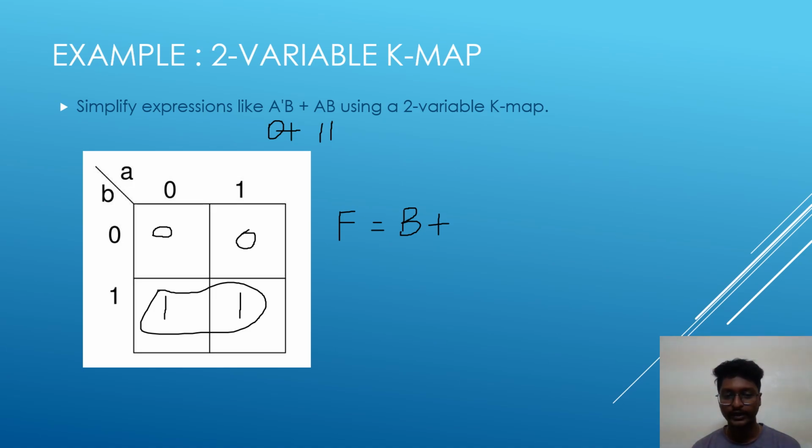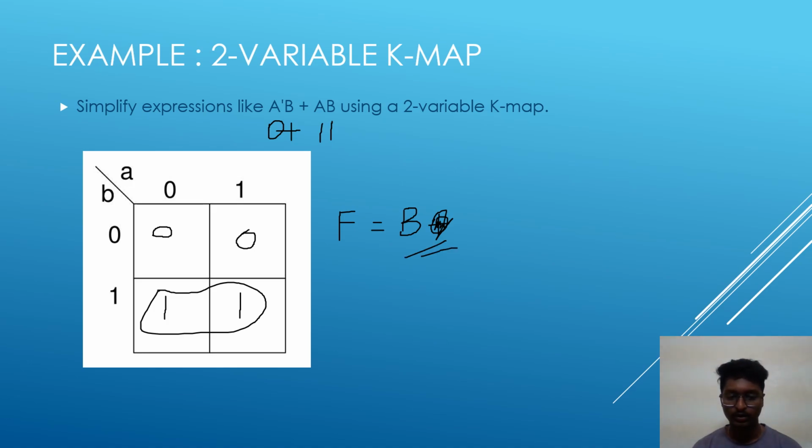We have to take the variable into consideration only when both are 0 or both are 1. Since the row consists of 0 and 1, we cannot consider it. So the final expression after evaluating A complement B plus AB is f equal to B.